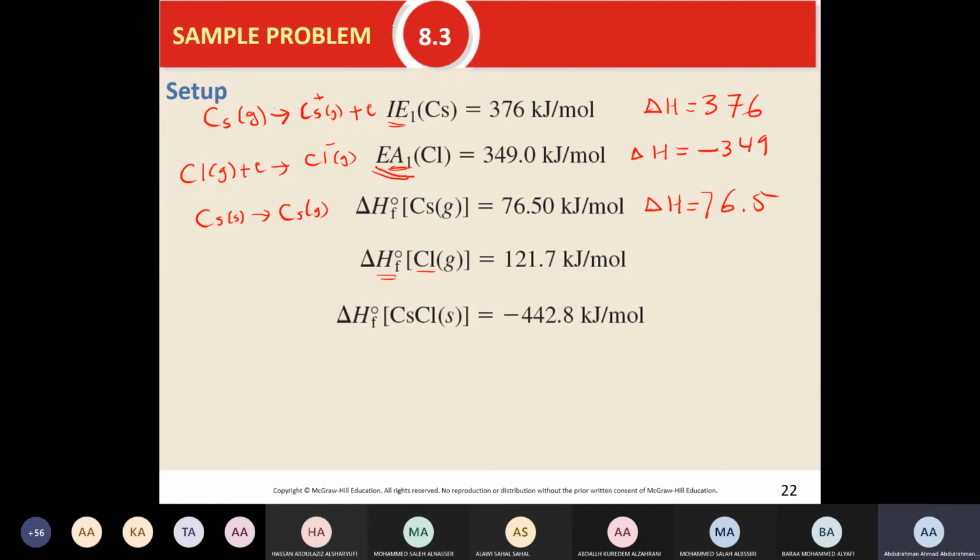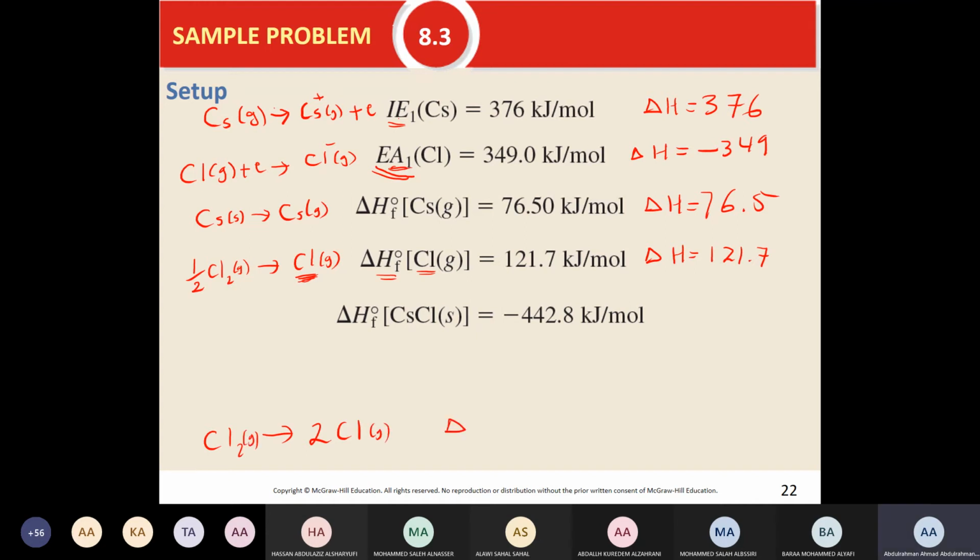Give me the reaction for the heat of formation of Cl gas. Half Cl2 goes to Cl gas. What's delta H for this reaction? Half of 1 to 1.7? No, 1 to 1.7. Why? Because for the heat of formation of this one, we're making 1 mole, and that's why it is 1 to 1.7. If I do the reaction Cl2 goes to 2 Cl gas, what will be delta H?